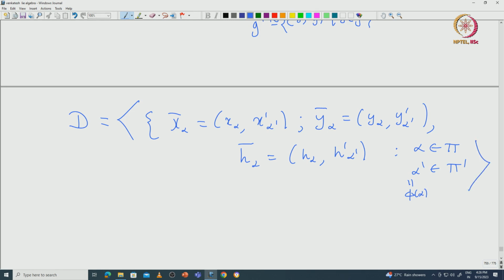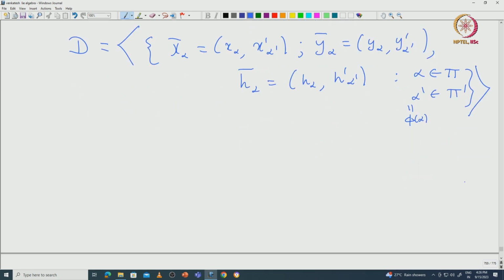You take the subalgebra generated by this, and this is the subalgebra that we are interested in. This more or less behaves like the diagonal embedding of G. Let us see why that is true.